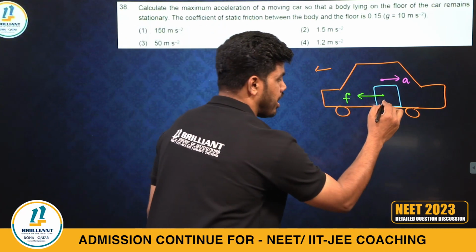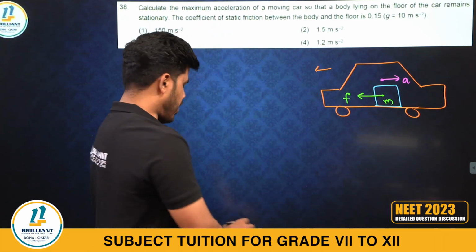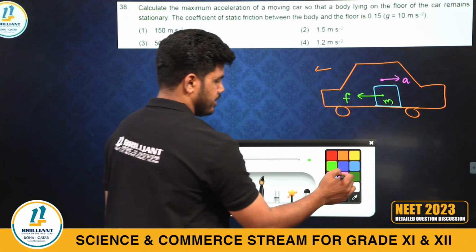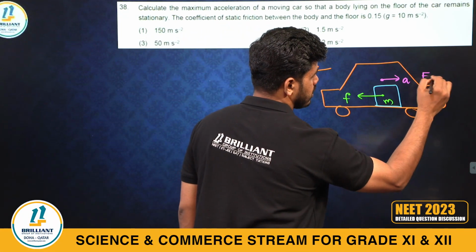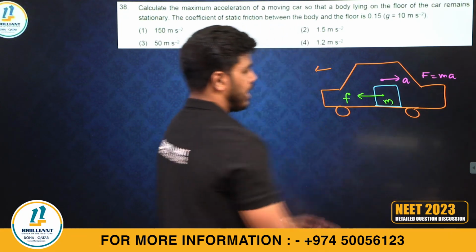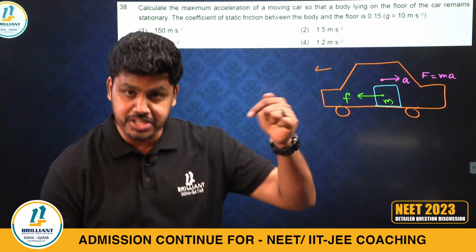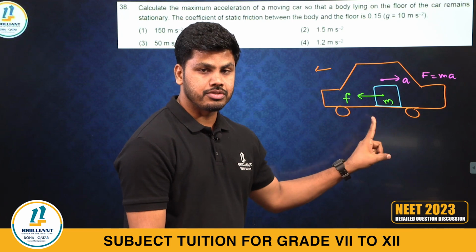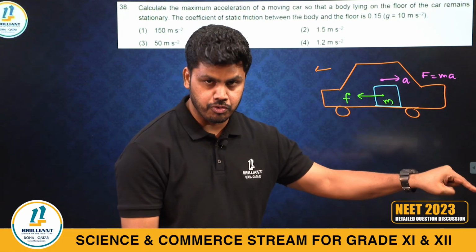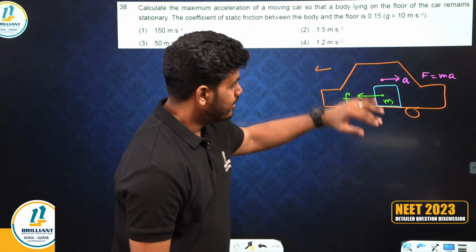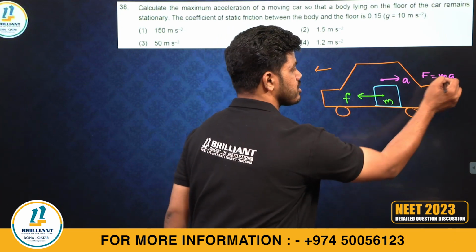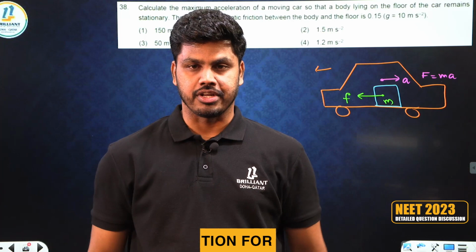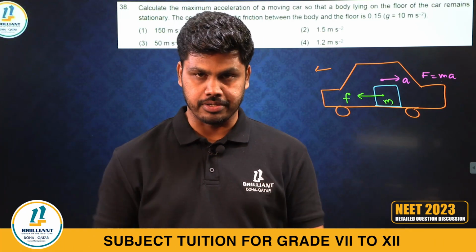If M is the mass of the block, what will be the force towards right? Force towards right, F is equal to M into A. And the opposing force, which is the frictional force, is mu M into G for a horizontal floor. When these two forces are equal, the block remains stationary, right? Those two forces should cancel each other.